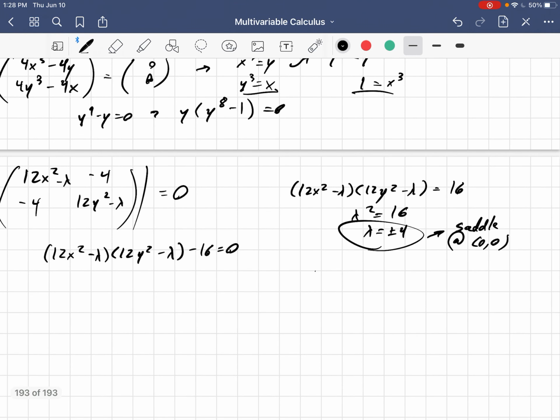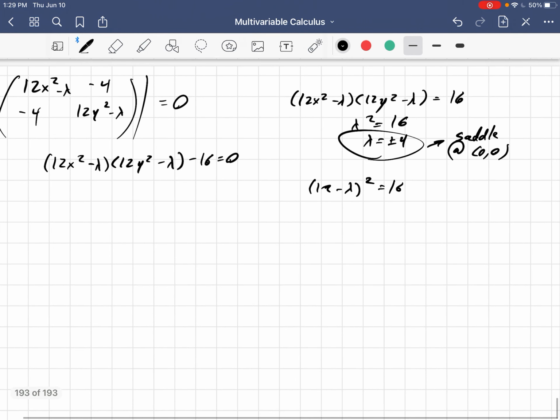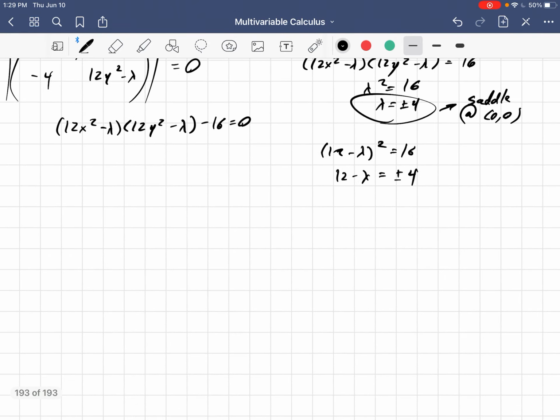Now, when x is equal to 1 and y is equal to 1, we get (12 minus lambda) squared equal to 16. Okay, I'll do it all the way. So we get 12 minus lambda equal to plus or minus 4, taking the square root of both sides. In one case, 12 minus lambda is equal to 4, and in the other, 12 minus lambda is equal to negative 4.